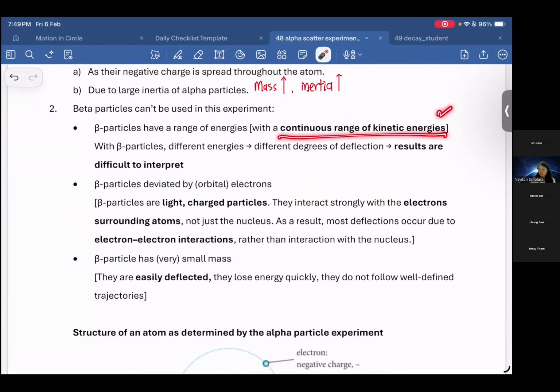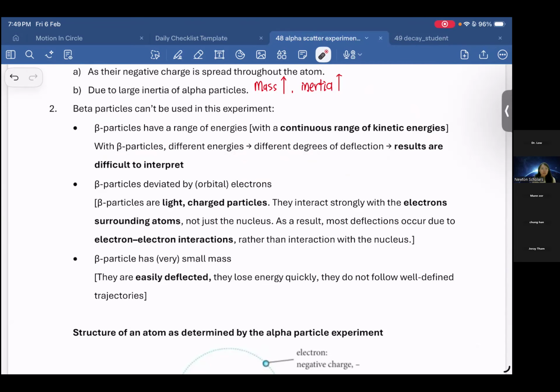It's a continuous kinetic energy. If we use beta, different energies will have different degrees of deflection, so the result is very difficult to interpret. For alpha, the energy is discrete, which means it is a fixed value.